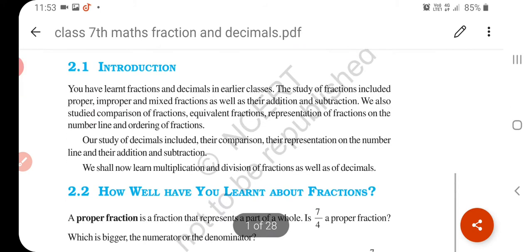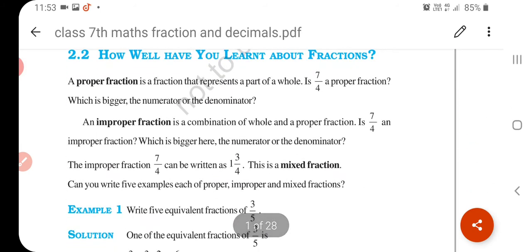Okay, understand. Now our chapter is Fraction and Decimal. In this chapter we have learned yesterday what is a fraction. A fraction is always a part of a whole. And what do you mean by proper fraction? A fraction has two parts, numerator and denominator. When the numerator is less than the denominator, then we say that it's a proper fraction.